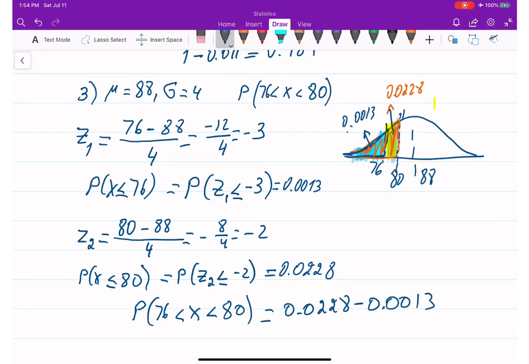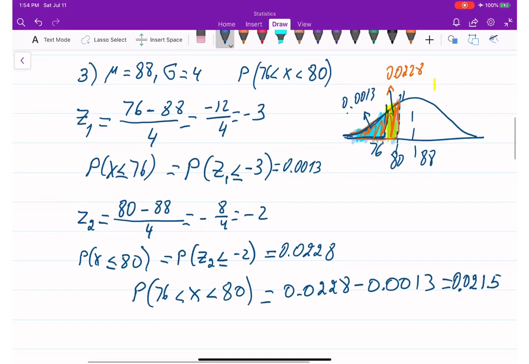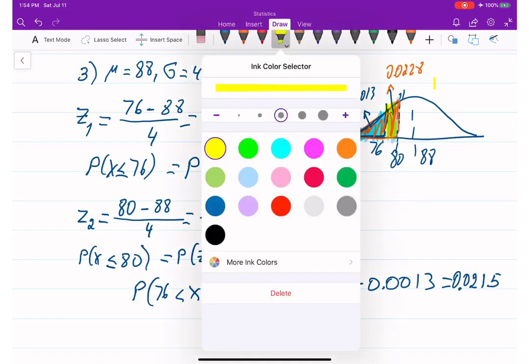Okay, 8 minus 3 is 5. 2 minus 1 is 1. The other 2 stays. And then 0 and 0 point. So this is going to be our answer.